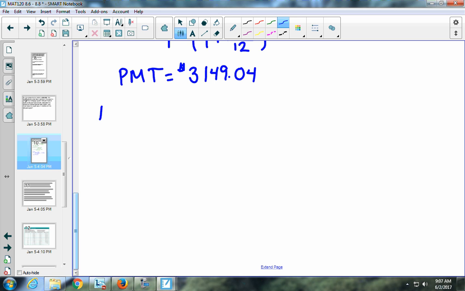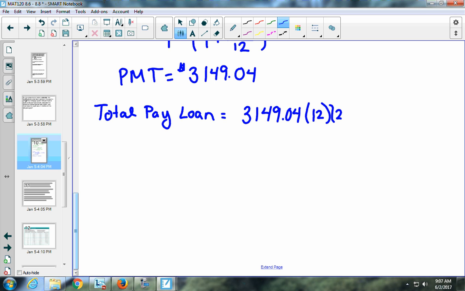I do that by first finding the total amount I pay towards the loan, which is that monthly payment times the number of payments. So I paid monthly for 20 years. That gives me $755,769.60.